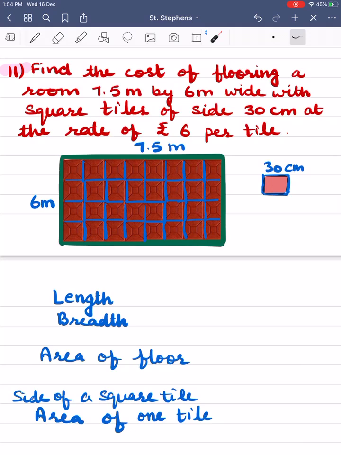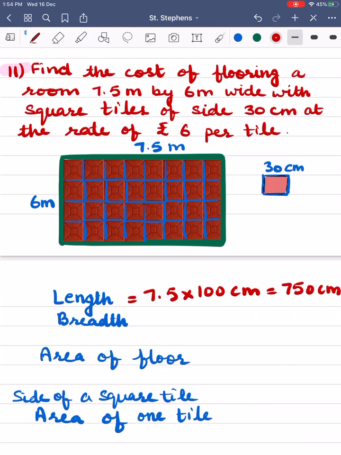Children, here the side of a square is given in centimeters, so we have to change the length and breadth of the floor into centimeters. So length is equal to 7.5 into 100 centimeters. So we get 750 centimeter. Breadth is equal to 6 into 100 centimeter. So we get 600 centimeter.